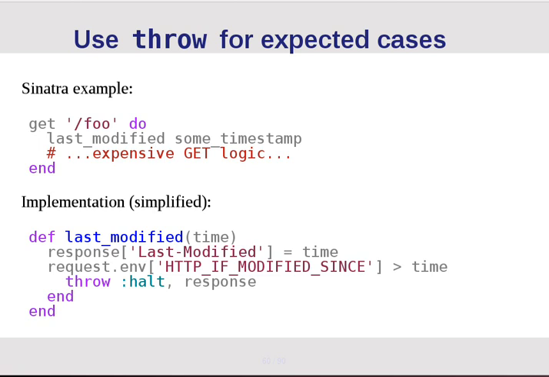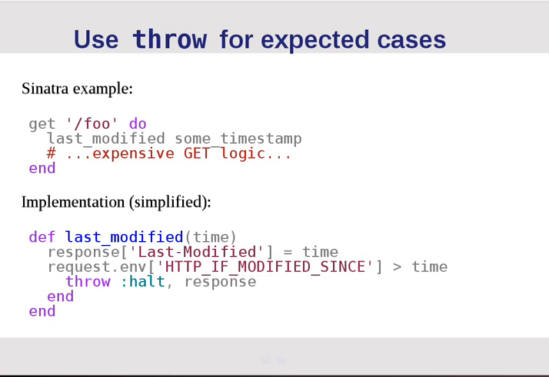Sinatra is a good example of where that's useful. In Sinatra, you can call last_modified at the top of an action to work with the browser and say, if the browser has the most recent version of this page, don't bother doing any other processing. Just bomb out immediately.